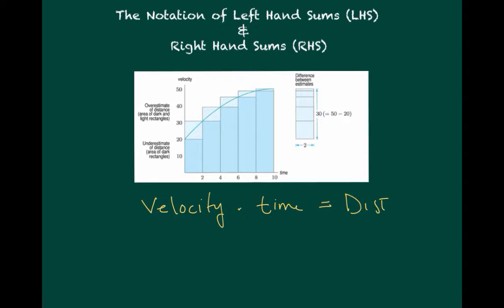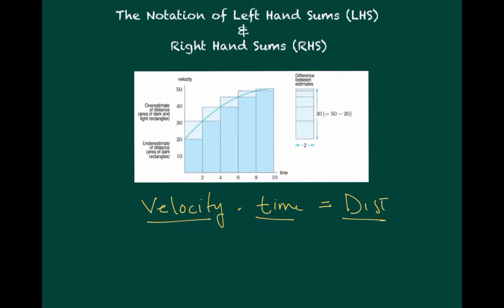And if you look at that calculation, velocity times time equals distance, you'll notice that velocity is represented by the height from the x-axis, or the time axis, all the way to the curve, and the time is just the width of each one of these rectangles.